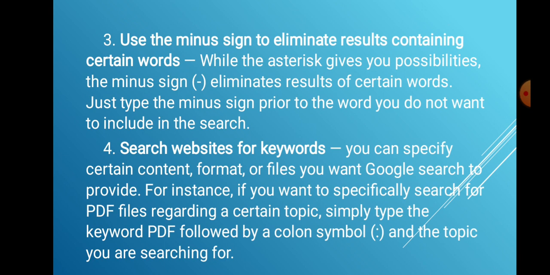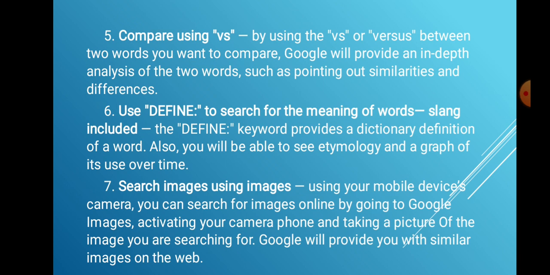4. Search websites for keywords. You can specify certain content formats you want Google search to provide. For instance, if you want to specifically search for PDF files regarding a certain topic, simply type the keyword PDF followed by a colon symbol and the topic you are searching for. 5.